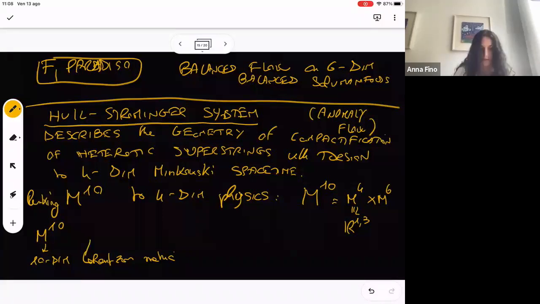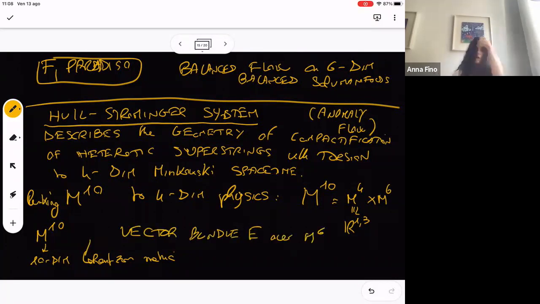And then you have a gauge bundle, a holomorphic vector bundle E over M6, because from physics you can see that in fact M6 is a special type of complex manifold. We'll see in a moment. In fact it is of real dimension 6 and has a special type of SU(3) structure. So the idea is to reduce all the equations required by superstring theory to the geometry.